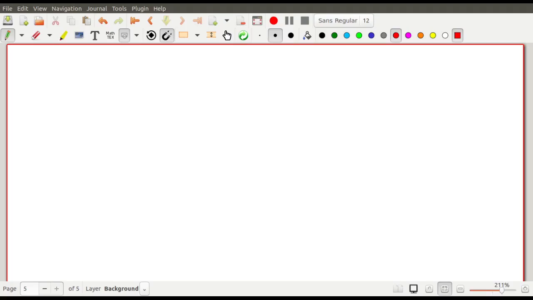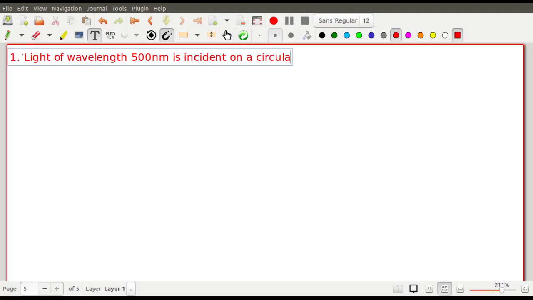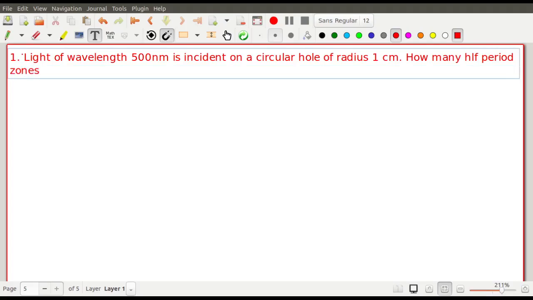Light of wavelength 500 nanometer is incident on a circular hole of radius 1 centimeter.